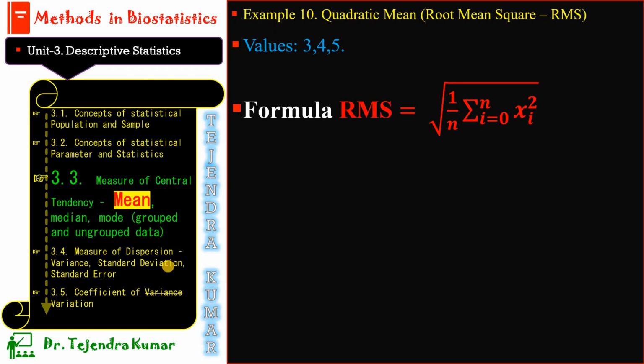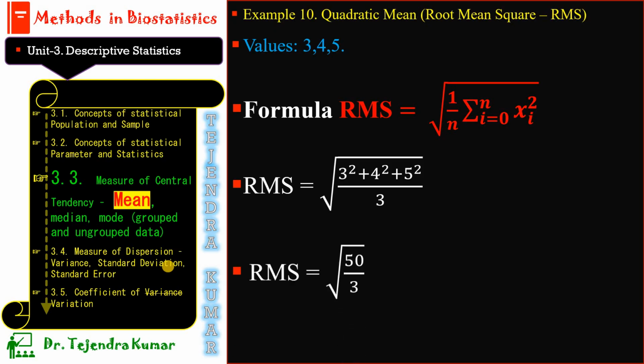Here we are taking range i is equal to 0 to n. So RMS is equal to root of (3 square plus 4 square plus 5 square) divided by 3. So RMS is equal to root of 50 divided by 3. So the answer is 4.08.